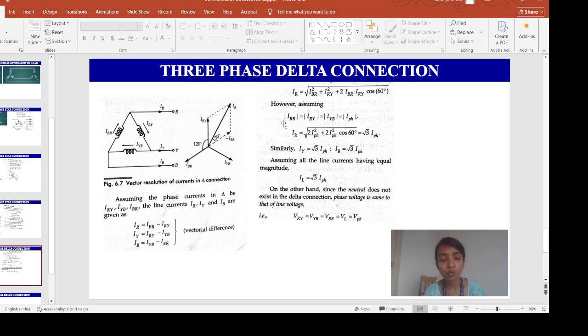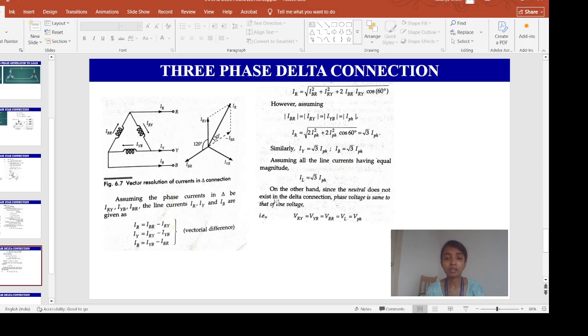If we assume all these phase currents are equal to I phase, then in place of IBR and IRY we can simply write I phase. So IR will be equal to root 3 I phase. This IR is nothing but the line current. So here we got a relation between the line current and the phase current in the case of the delta network.